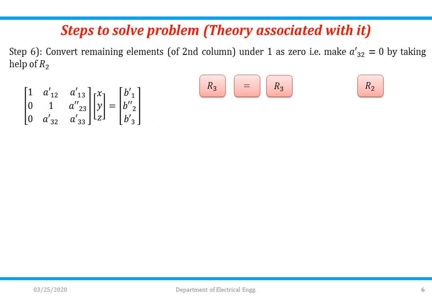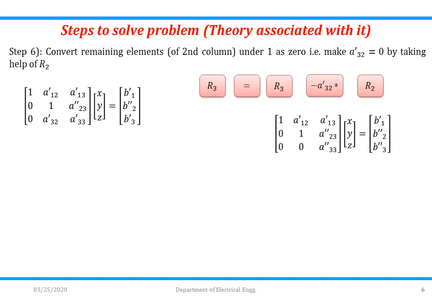It is positive, so just write minus A dash 32. So this is your equation, R3 equal to R3 minus A dash 32 into R2. Now perform this operation on row 3 and you will get this matrix. This becomes 0. For simplicity, instead of writing A dash 33, I have written A double dash 33 and B double dash 33.